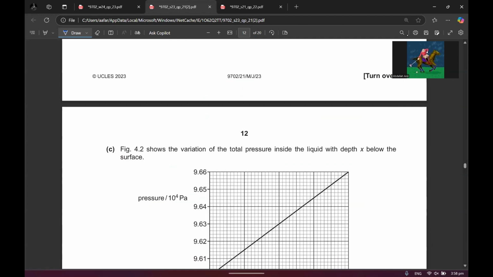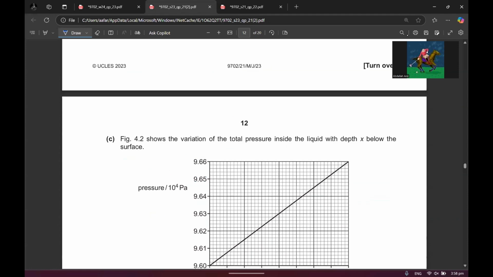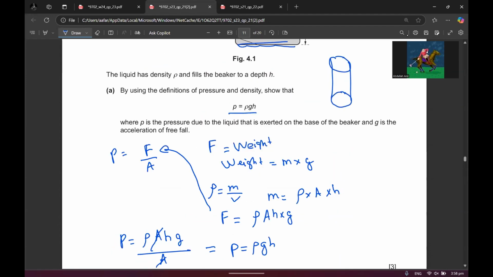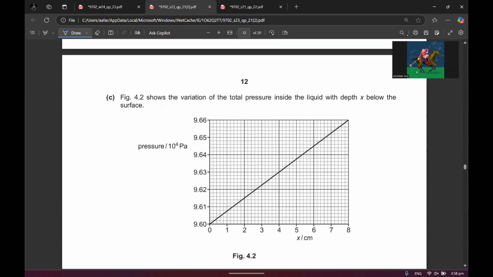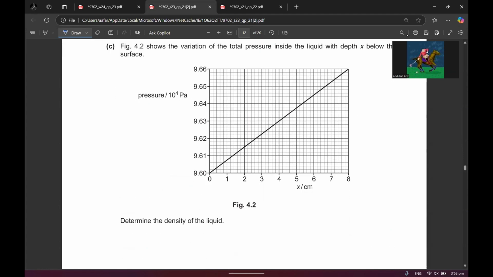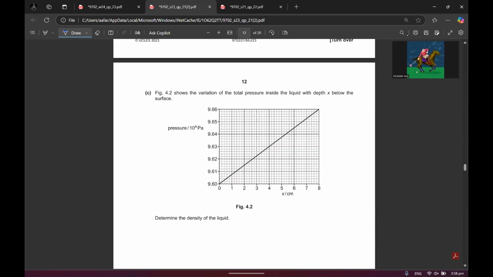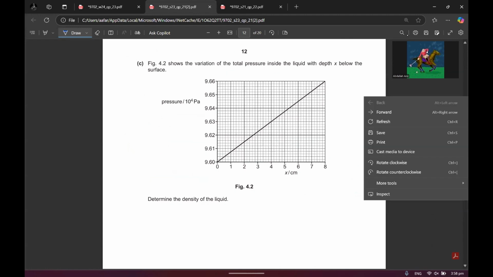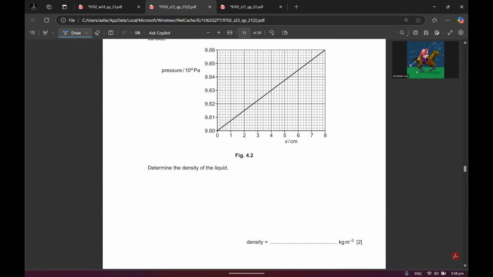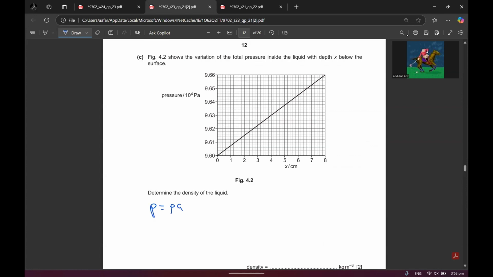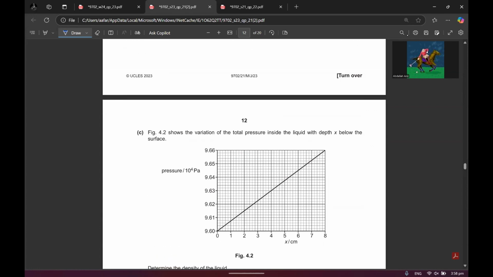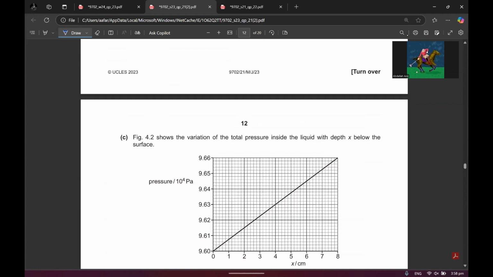Figure 4.2 shows the variation of the total pressure inside the liquid with depth x below the surface. So as the depth increases, so does the pressure. Determine the density of the liquid. So we know that pressure is equal to rho gh, and it's a liquid with depth x below the surface.